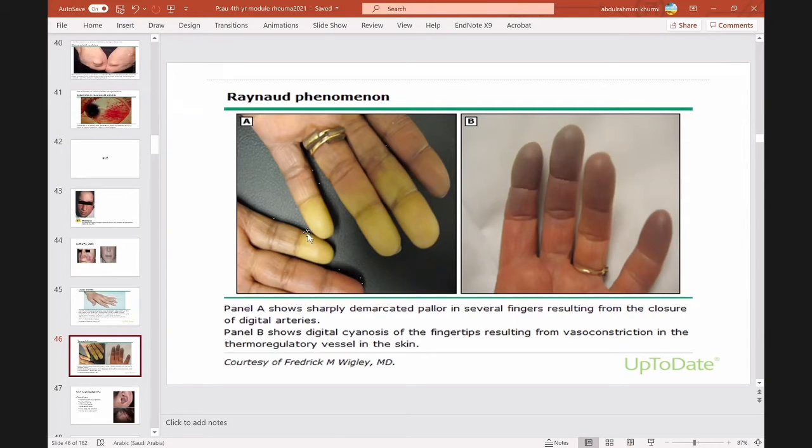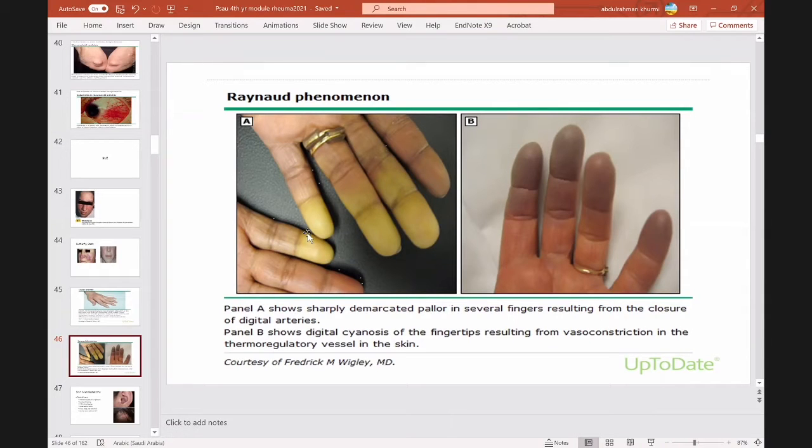There is no blood flow, then cyanosis, and then hyperemia happens because the blood flow turns back and turns into a flashy red color. This is the Raynaud phenomenon.